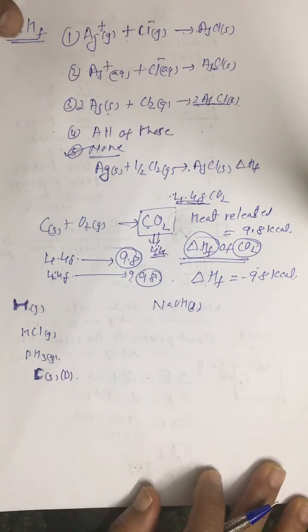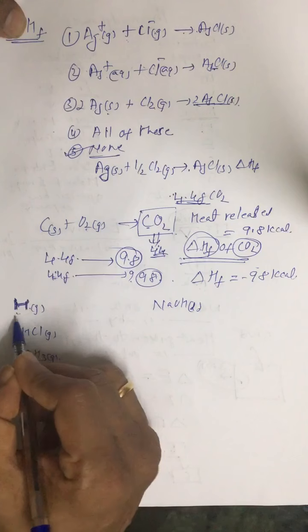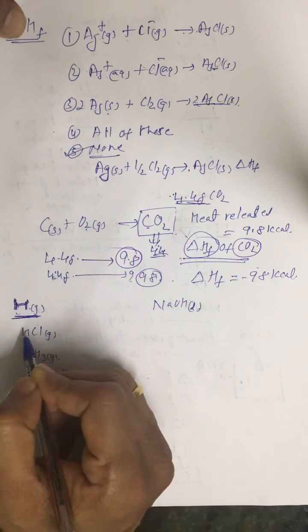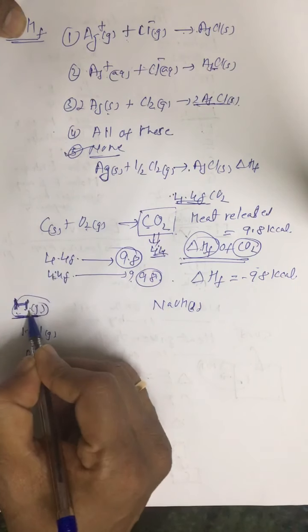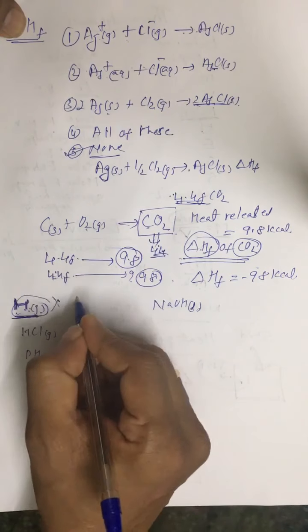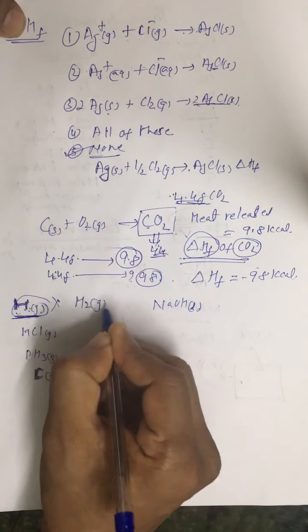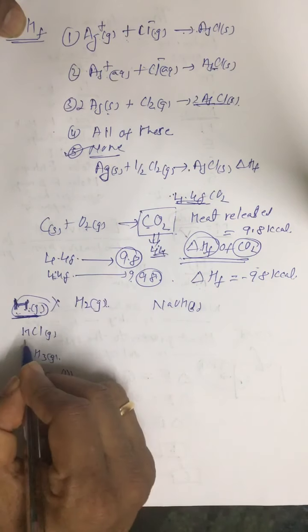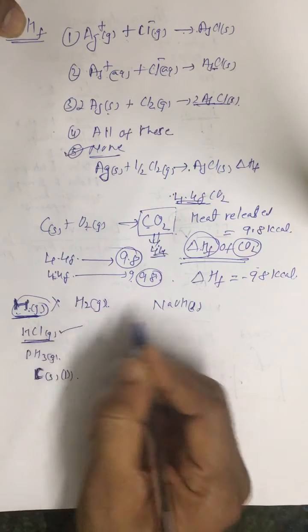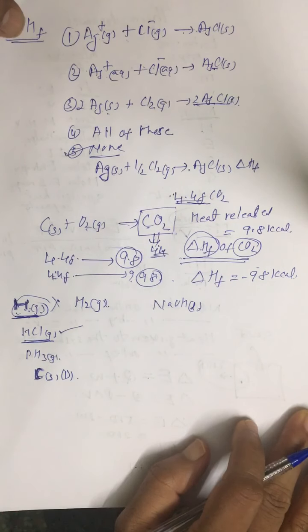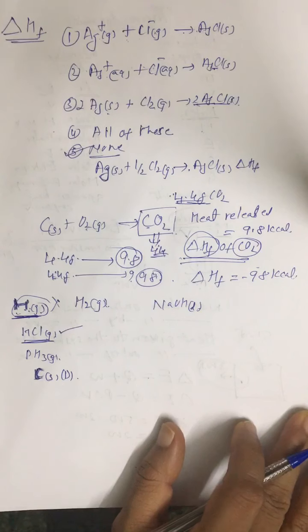Suppose these cases are given. Is the standard state of hydrogen correctly written? No. The correct standard state is H2 gas. HCl standard state, yes. In 17th group hydrides, HF, HCl, HBr, HI, only HF is found to be in liquid state.